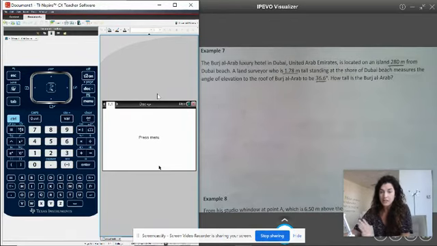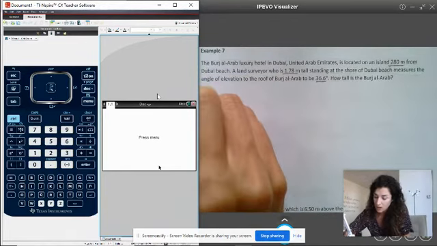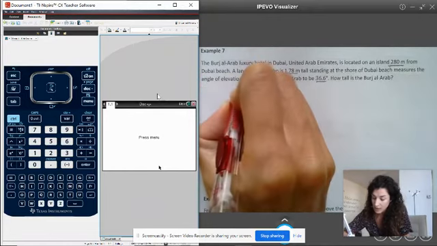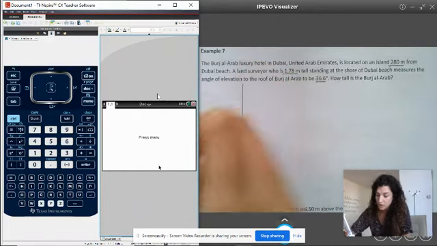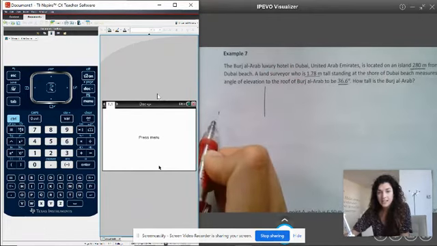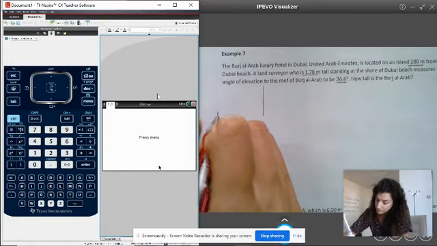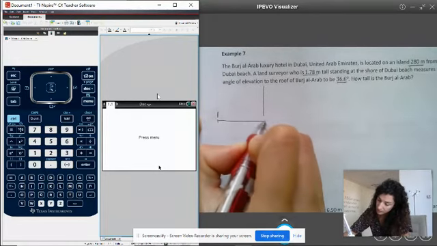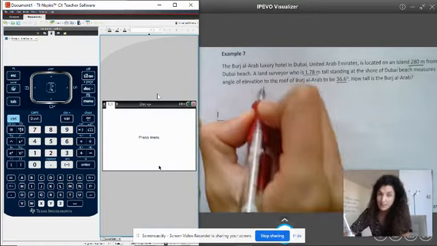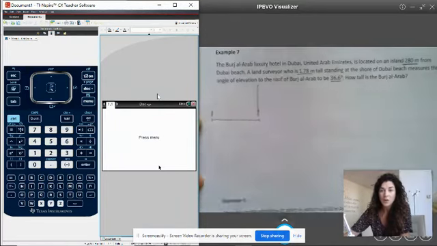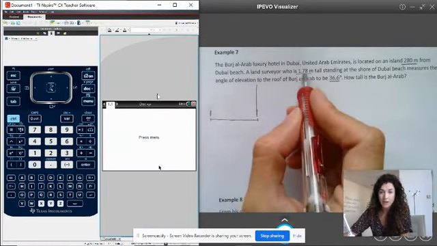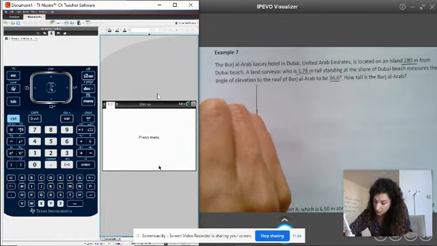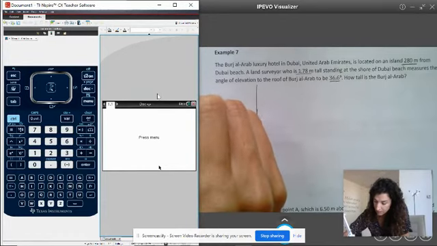Now that you finished reading it, let's try and get a general idea of what's going on. I'm going to show you that you don't even have to have very descriptive pictures. This is the person, and this is the building. Okay, so we know that the land surveyor is 1.78 meters tall. So I'm going to say that that is 1.78.